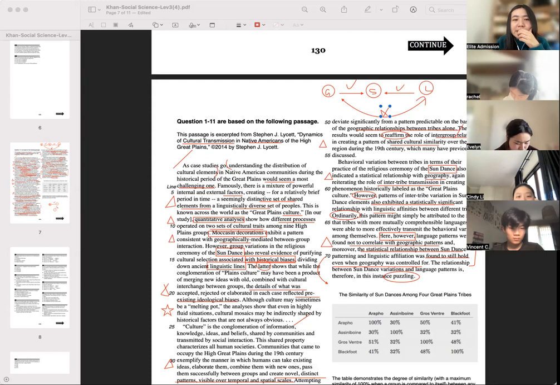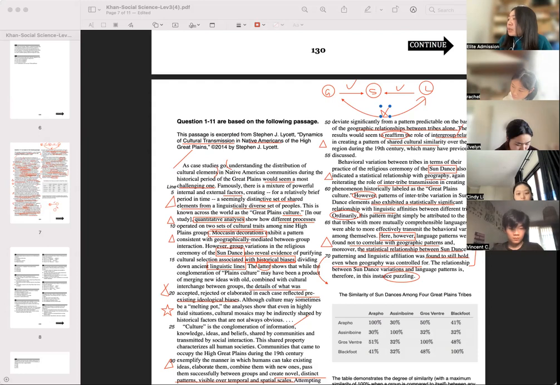Control variables are any factors that are held constant during the experiment. So we don't change the geography; it still holds. So that's what is mentioned here.